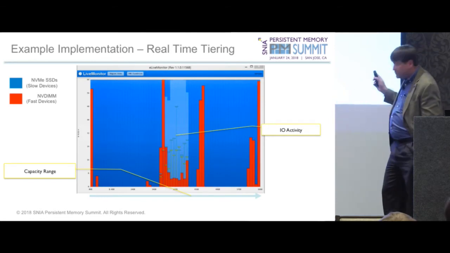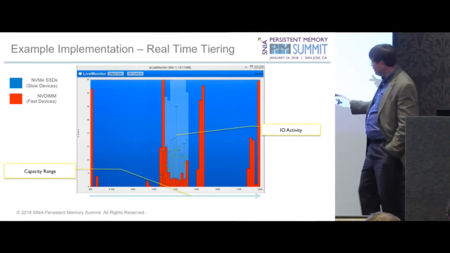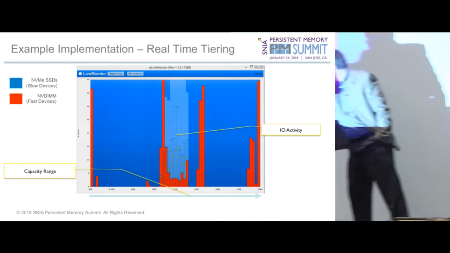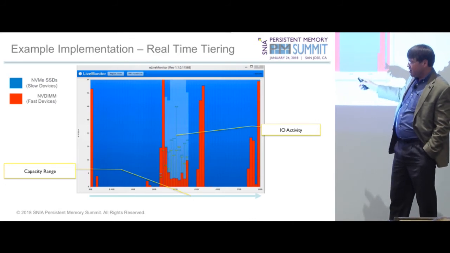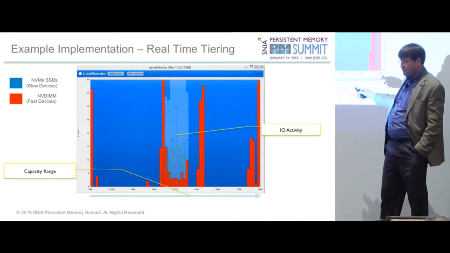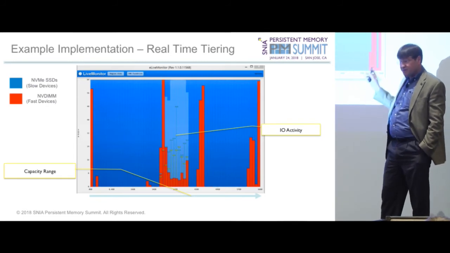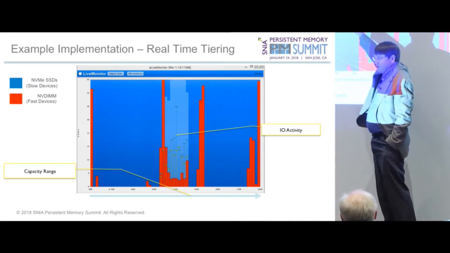So this is probably my least favorite graphic in the entire universe because what it represents is an LBA range from 0 to max, and it represents how much of those ranges are on which media. Now, if you followed that whole sentence, this is a great graph because that's exactly what it is. This LBA range here, there's a whole bunch of LBAs.